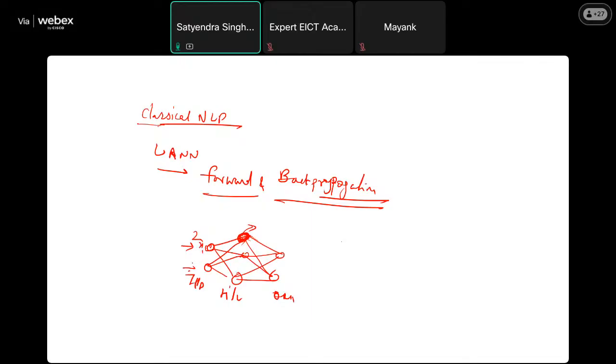For example, if x1 and x2 and corresponding weights w1 and w2, then it is w1 x1 plus w2 x2, and adding bias, and you pass it to some activation function that gives you the output of that neuron, right?